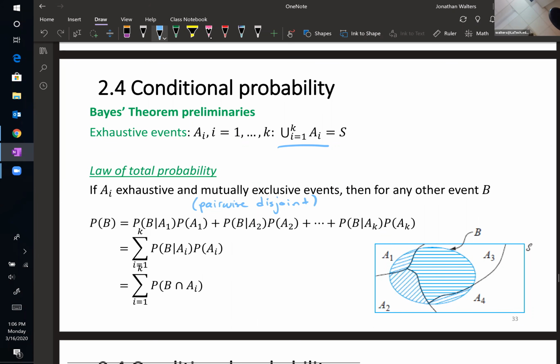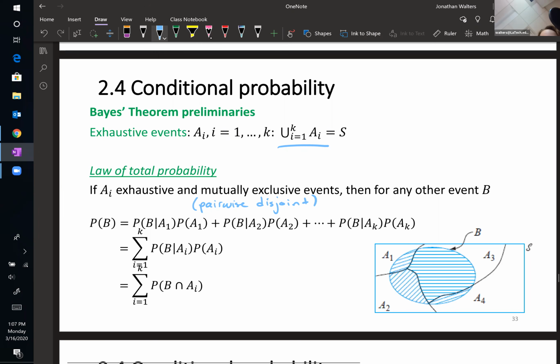So then the probability of B can be written as the part of B that intersects A3, plus the part of B that intersects A1, plus the part of B that intersects A2, plus the probability of the part of B that intersects A4.